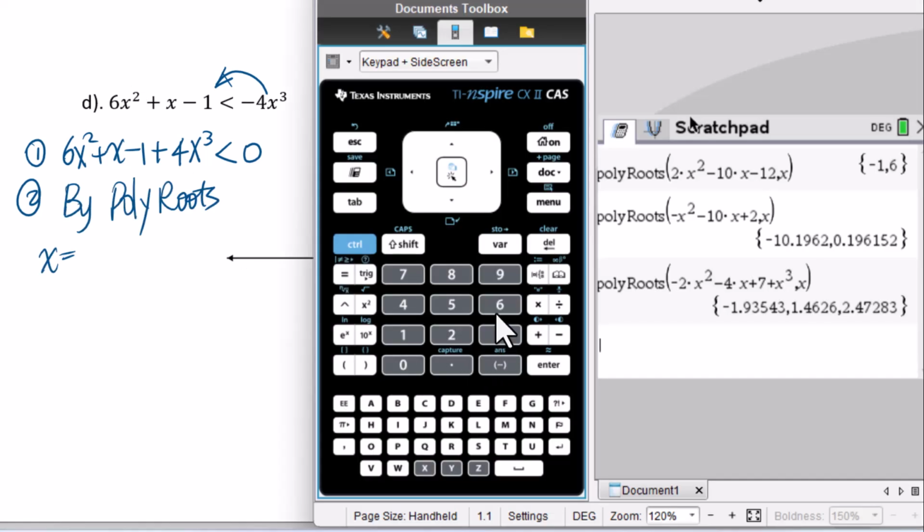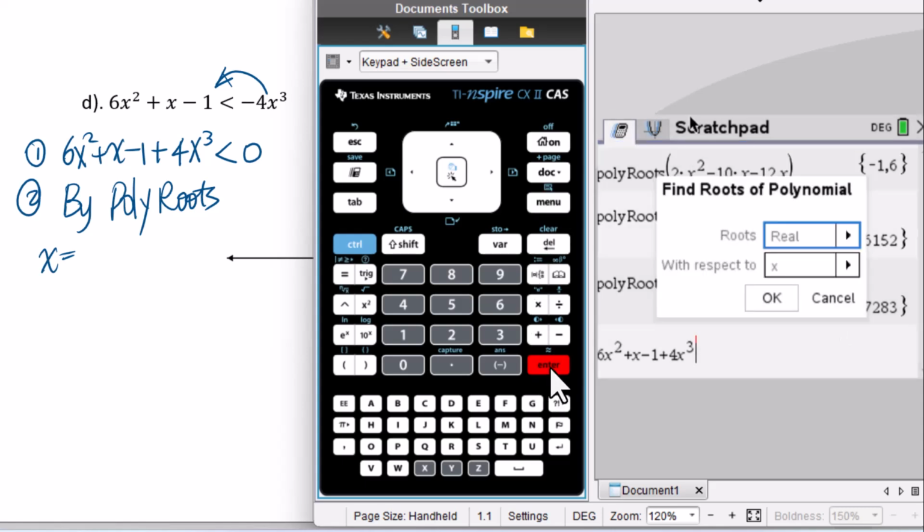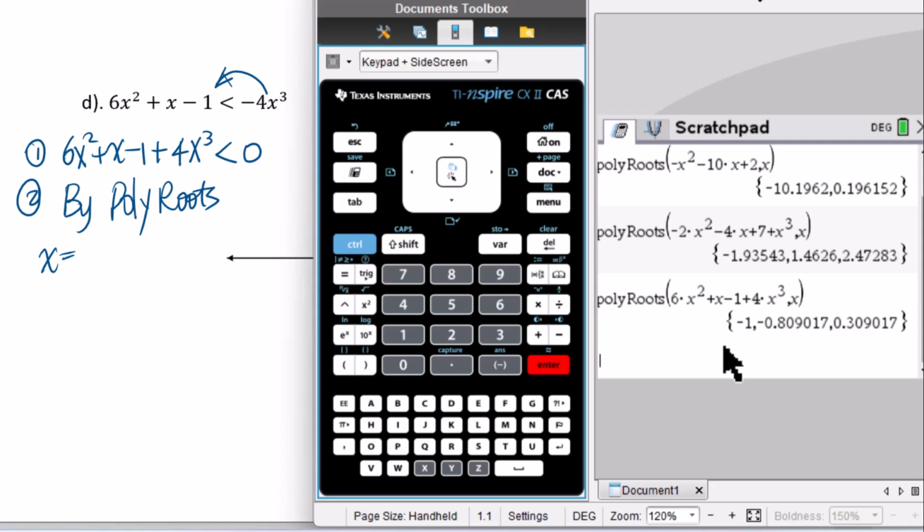Type in 6x squared plus x minus 1 plus 4x to the third power. Control menu, enter, enter. We got 3 solutions.